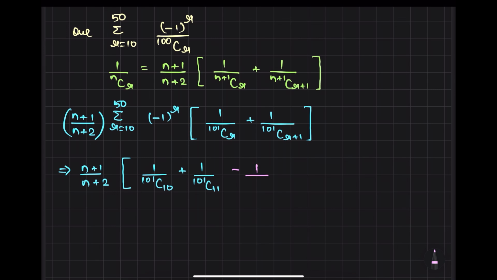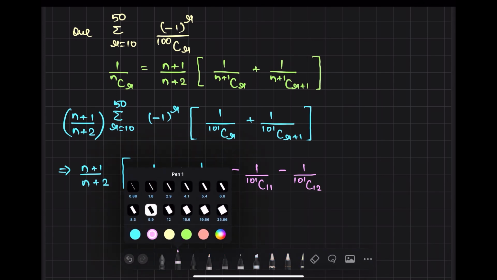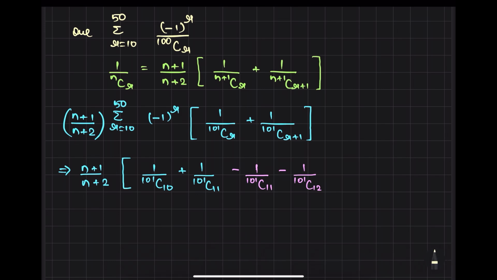So minus of 1 by 101 C11 minus of 1 by 101 C12. Correct? Now the next element will be 12. So again minus 1 power 12 is an even number, so it is positive 1 by 101 C12 plus 1 by 101 C13.